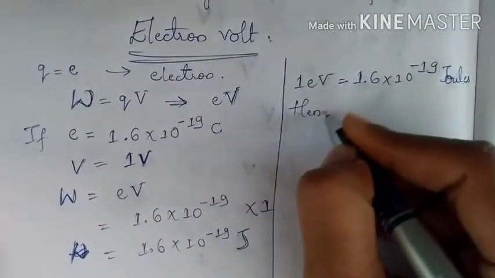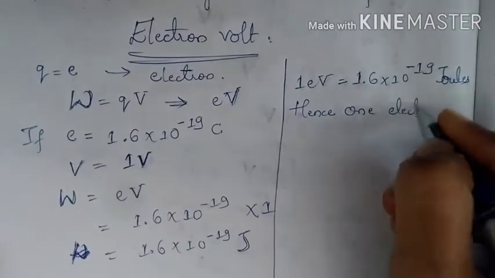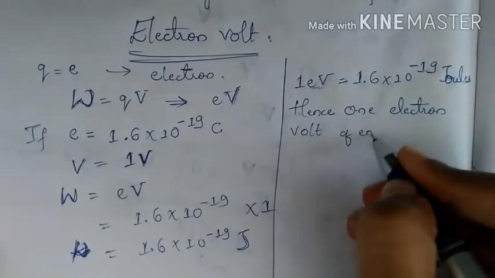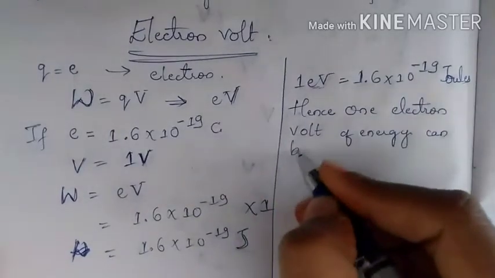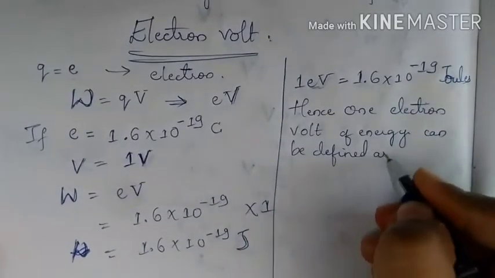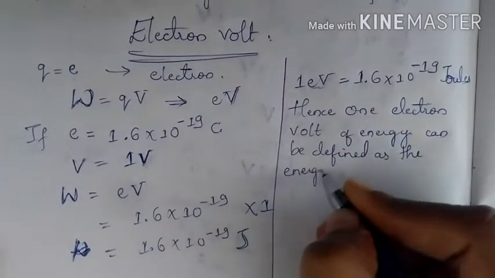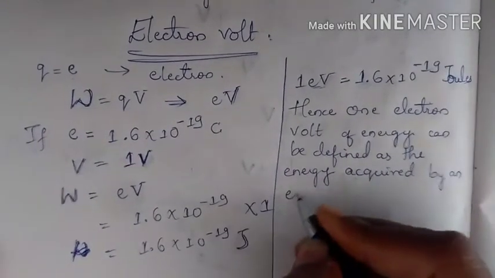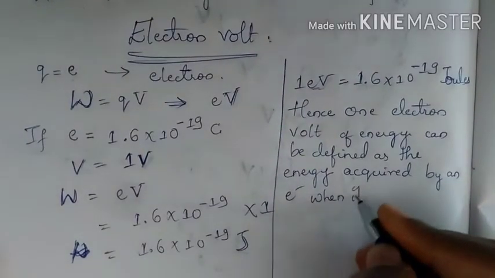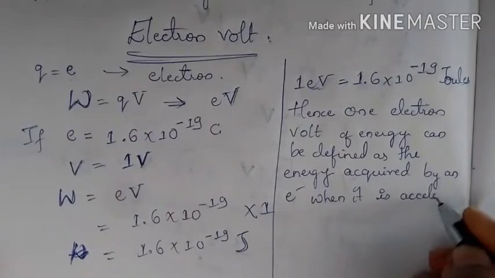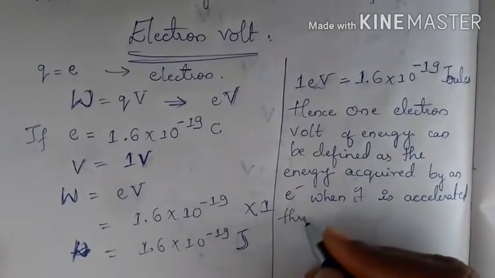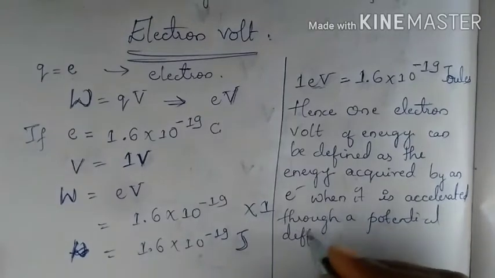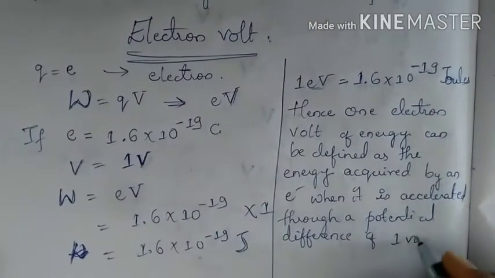So hence, 1 electron volt, this can be read as electron volt. 1 electron volt of energy can be defined as the energy acquired by an electron when it is accelerated through a potential difference of 1 volt.